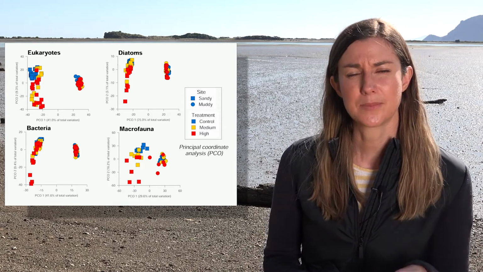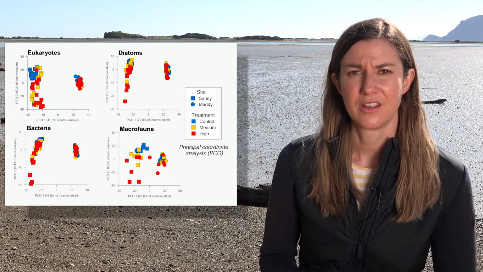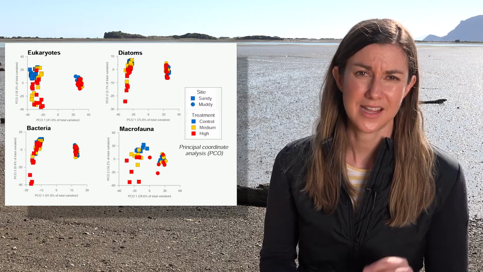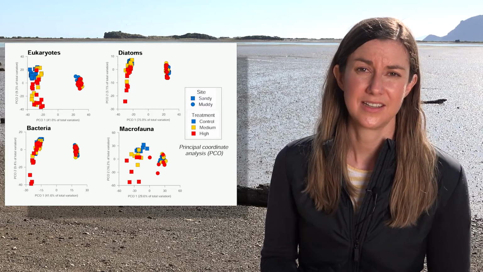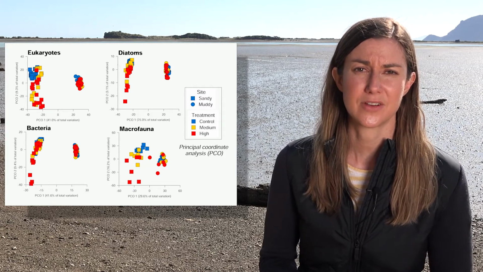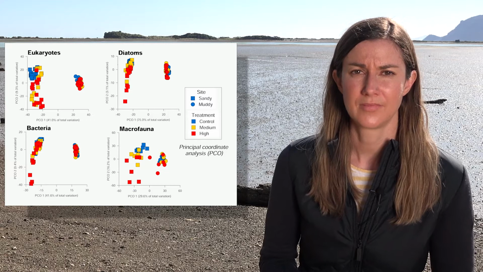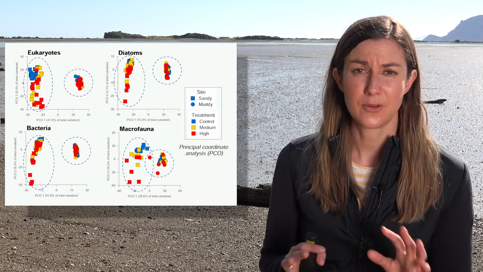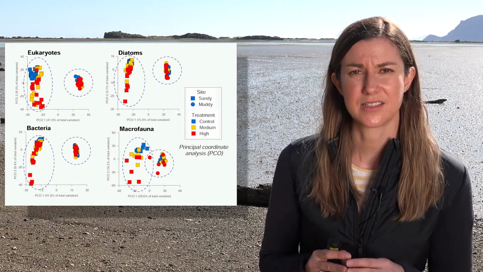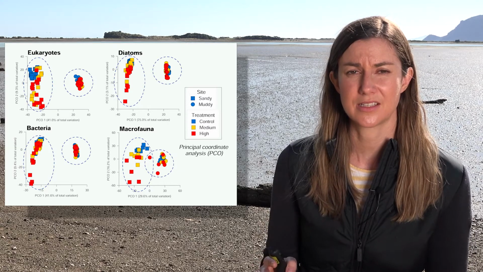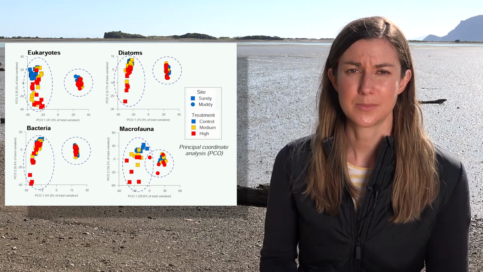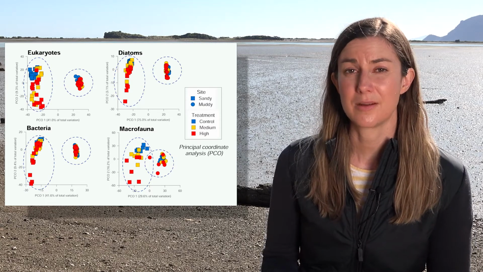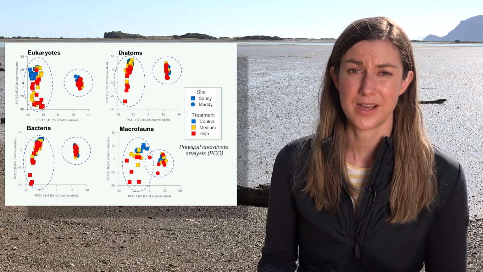So in these plots and the rest that I'll show, the squares indicate our sandy site, the circles indicate samples from our muddy site, and the different colours are the different treatments. So you can see that for all 4 communities, the greatest difference was between the 2 sites rather than between the 3 treatments. And this makes sense because we know that the environmental conditions at these 2 sites were quite different.